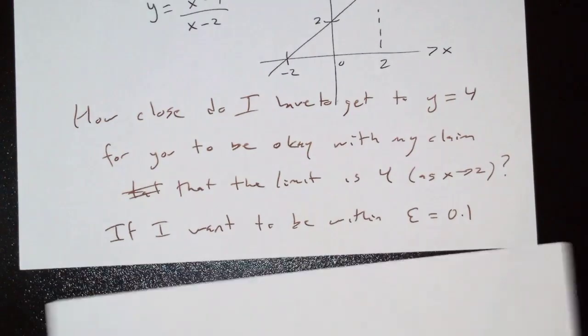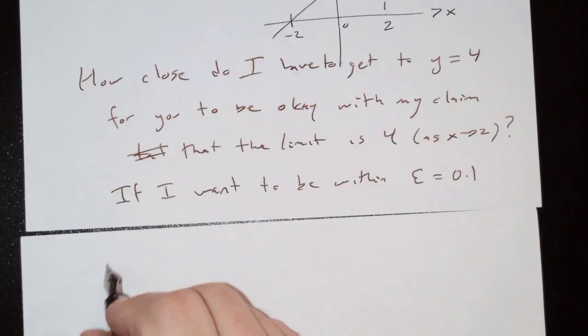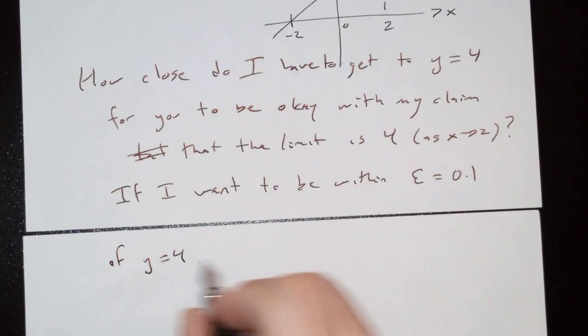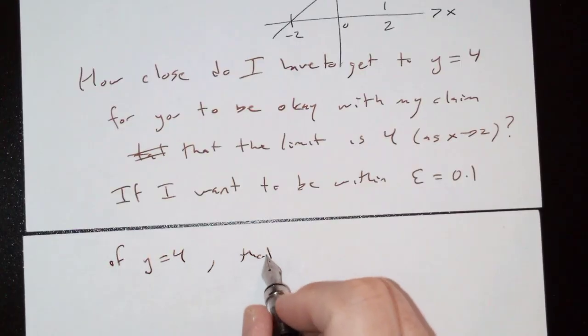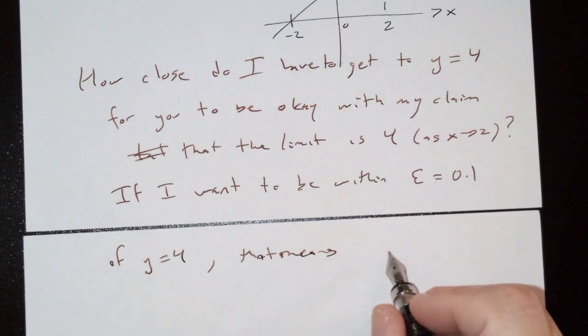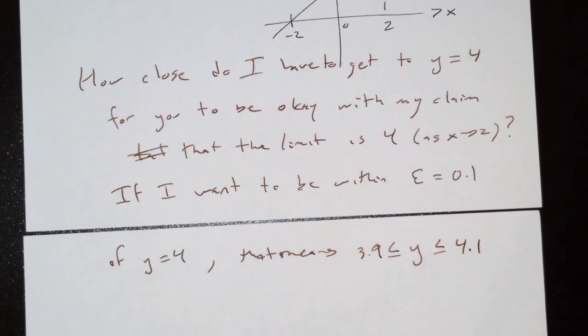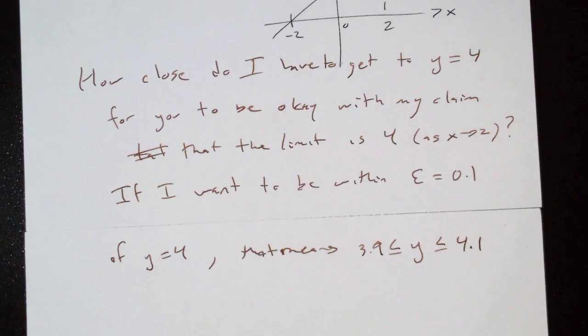And you said a tenth on either side, so I've made that epsilon 0.1. That means I want my Y value to be between 3.9 and 4.1, right? Within a tenth on either side of 4.